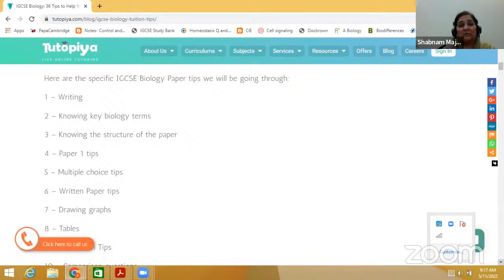When you open the paper, read question number 1. First I'm going to focus on IGCSE, where you are going to have 5 to 6 questions in your paper. Look at question number 1, read the whole question, and don't start writing the answer by just looking at the first part of the question.